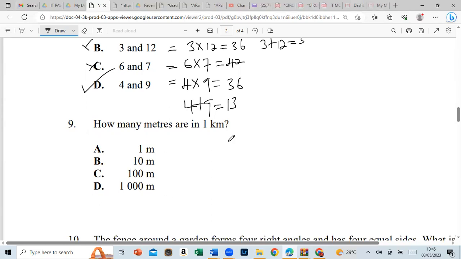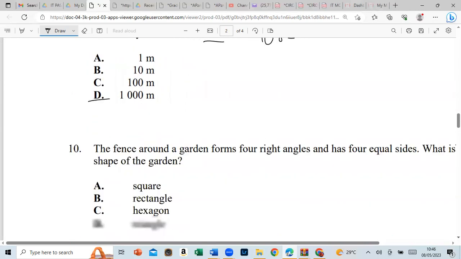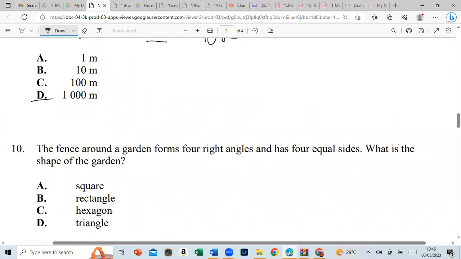Alright, so kilo means 1,000. So it's 1,000 meters in 1 kilometer. Alright, guys, know your conversions. How many milliliters make 1 liter? You have to know all of these things.